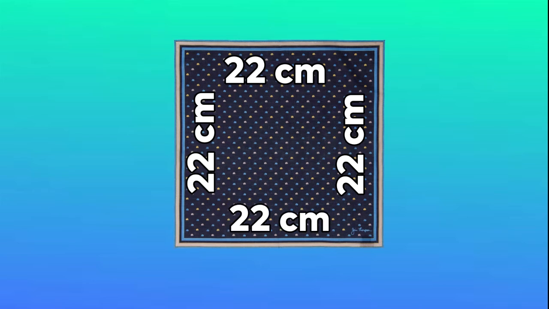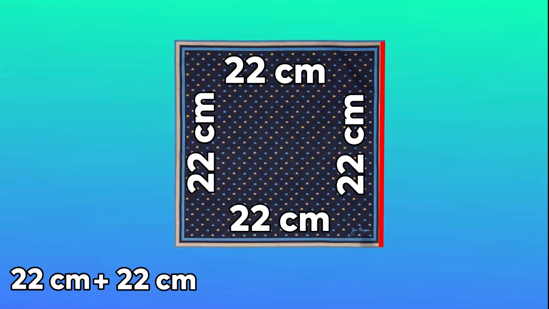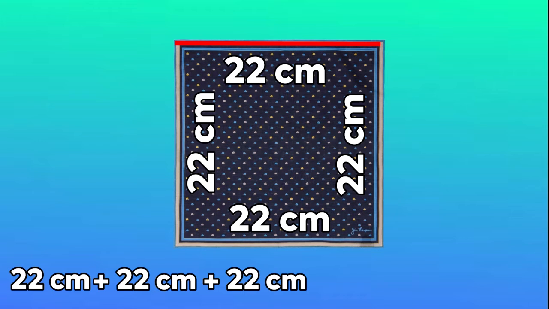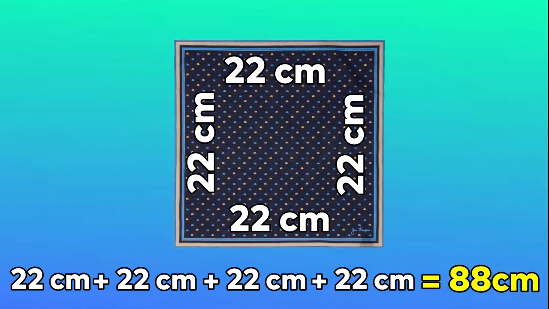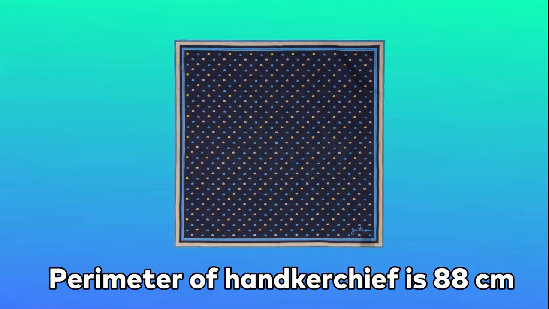To find the perimeter of the handkerchief, we must add all the sides. Thus, we add 22 centimeters plus 22 centimeters plus 22 centimeters plus 22 centimeters, and that is equal to 88 centimeters. Therefore, the perimeter of the handkerchief is 88 centimeters.